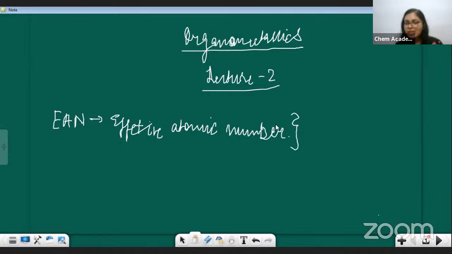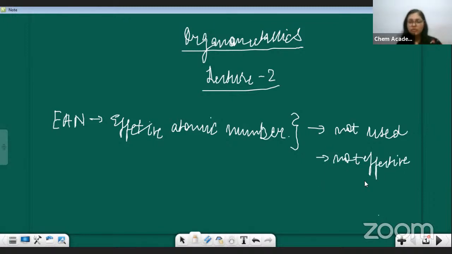But this method of determining the stability of compounds is actually not very useful. The effective atomic number method for determining the stability of a given compound is generally not used, and neither is it effective. I'll tell you why it is not used and why it is not effective.